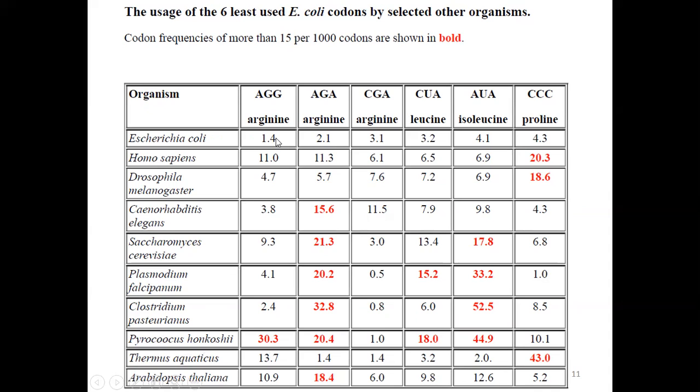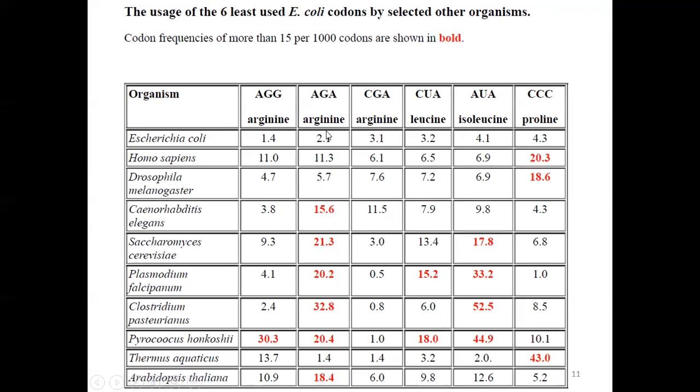So compared to E. coli, AGG is the rare, low abundant codon, but in Pyrococcus its frequency is 30, which is quite high.